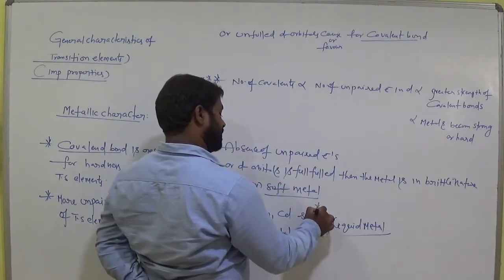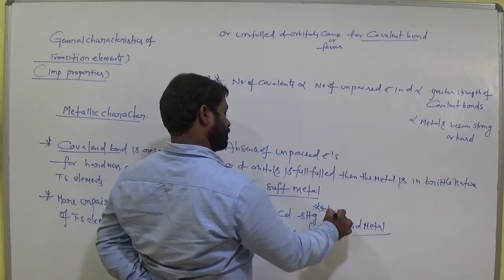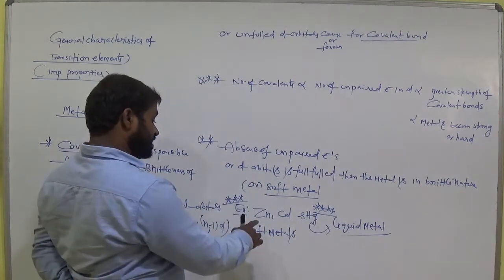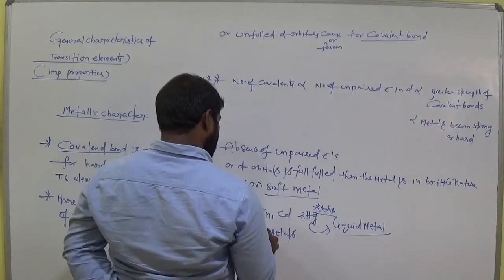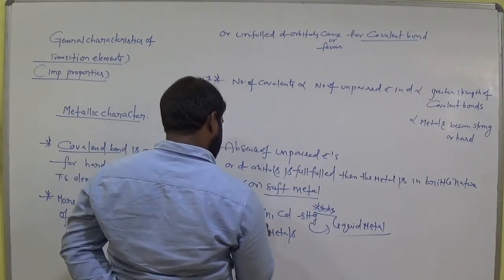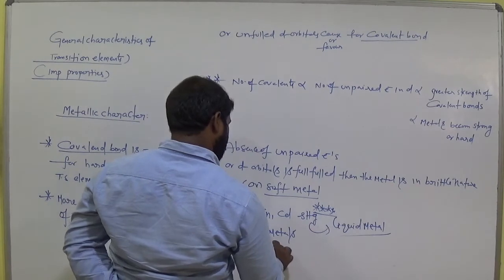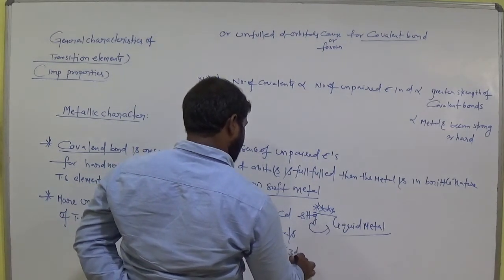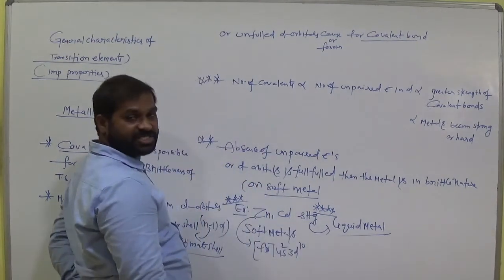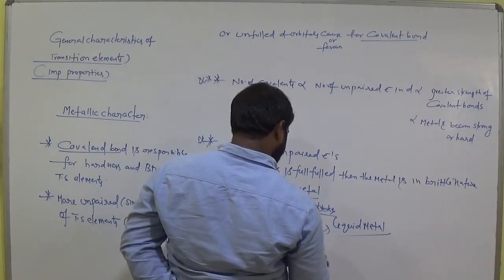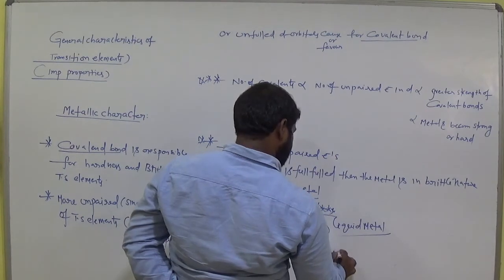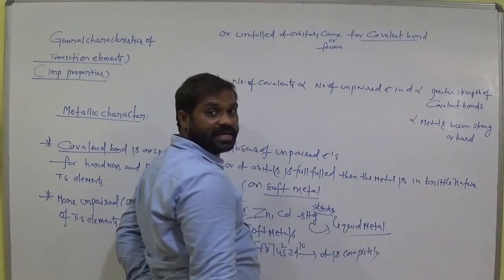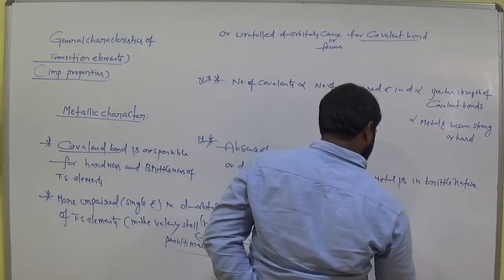It's a very, very important bit. Why? Suppose zinc: if you observe the electronic configuration, argon 4s2 3d10, the d orbital is completely filled.